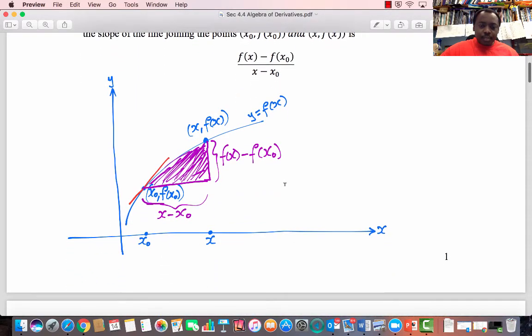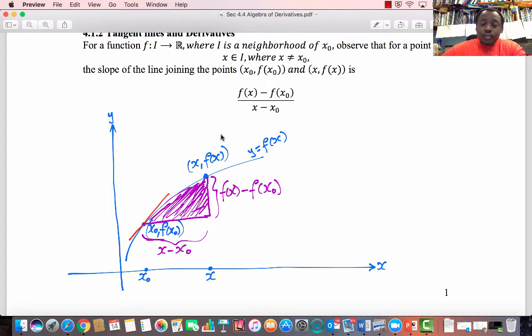And if we look at the picture, here is what we're talking about. So this is the point right there, (x0, f of x0), and the slope of the line joining the two points (x0, f of x0) and (x, f of x) is given by f of x minus f of x0 divided by x minus x0.